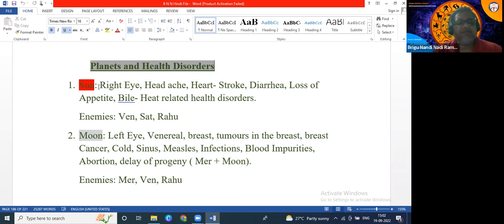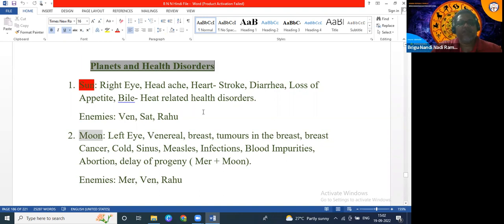When do the natives get these problems? Generally, if Sun is conjoined with enemy planets, Venus, Saturn, Rahu. If Sun is conjoined with Venus or Saturn or Rahu, the native will have these health problems: right eye, headache, heart related.